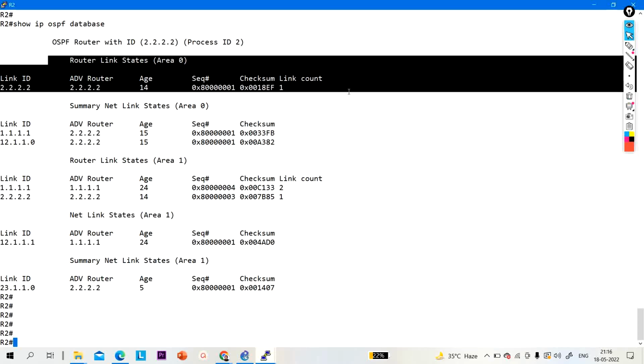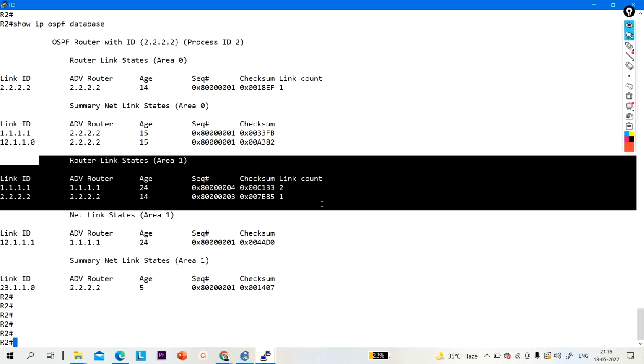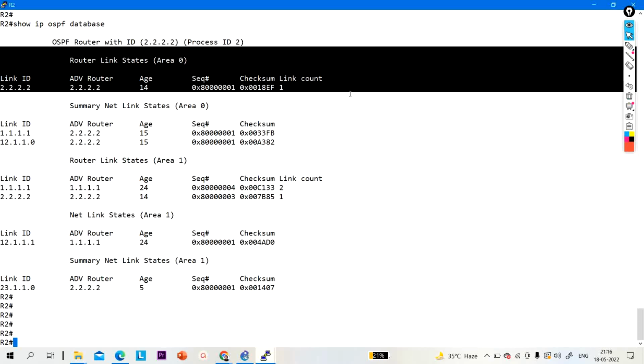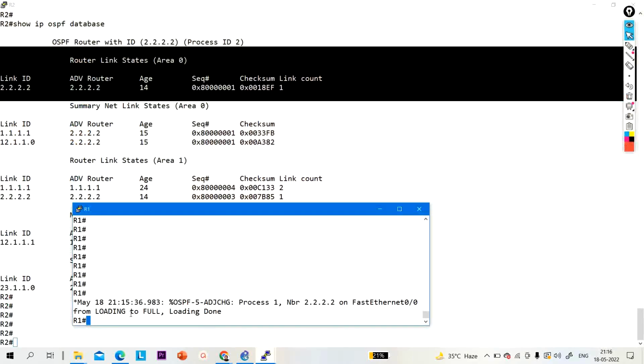This is LSA 1 in area 0 and this is LSA 1 in area 1. In area 1 there are two LSA 1s, right? And in the database of area 0 there is only one LSA. Am I right?